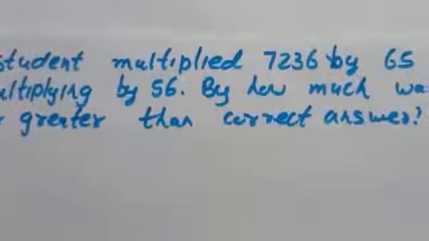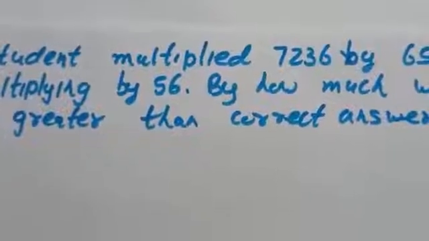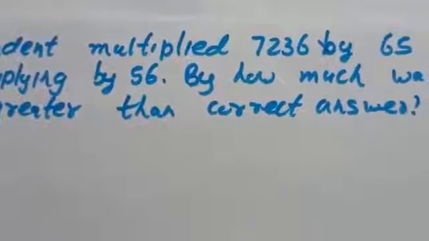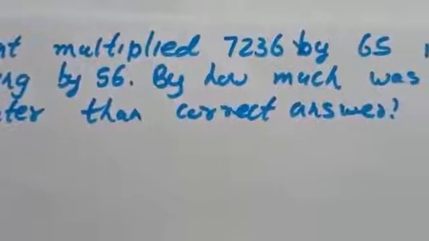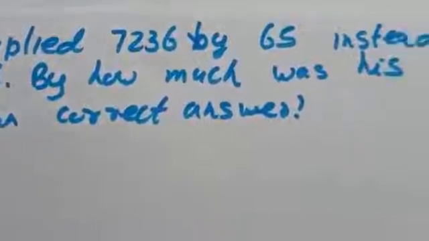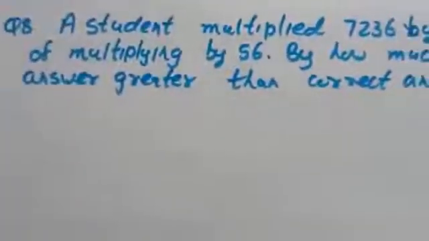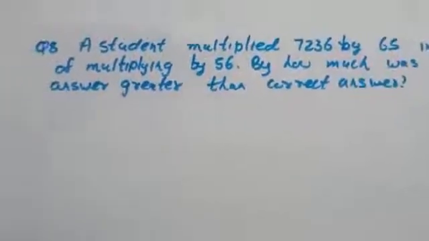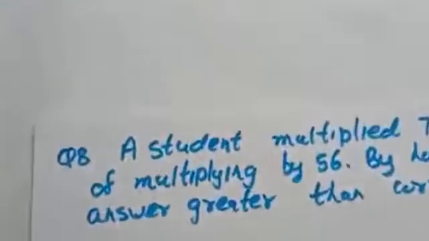Question number 8. A student multiplied 7236 by 65 instead of multiplying by 56. Means actually he wanted to multiply 7236 by 56, but by mistake he multiplied by 65. How much was his answer greater than the correct answer? So we will start this sum.